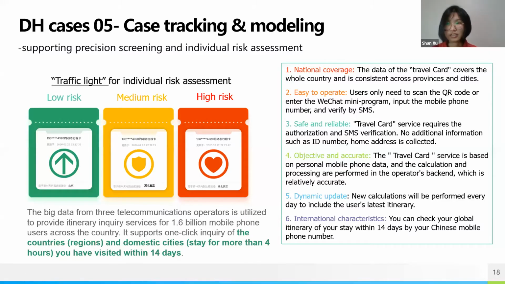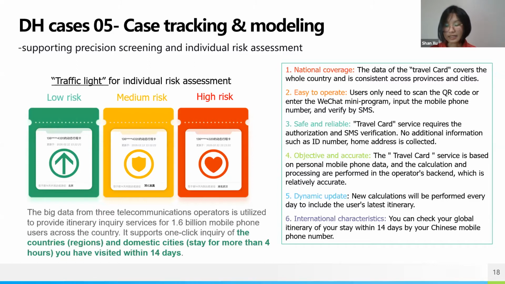So it's a kind of traffic light. For example, if you are no risk, we give you a green card; middle risk, a yellow card; and high risk, a red card.